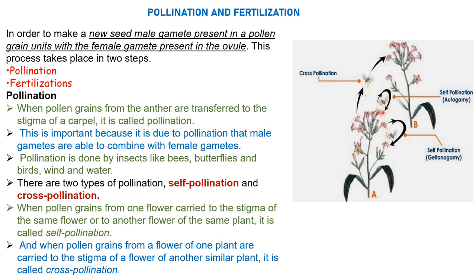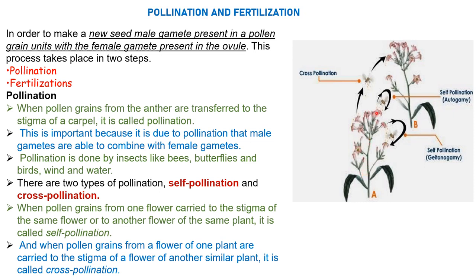The other way of self-pollination is the pollen grain from the stamen of a flower which is present on a plant goes to the stigma of another flower which is also present on the same plant.